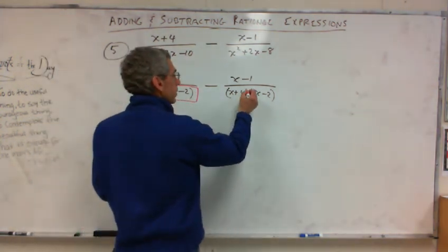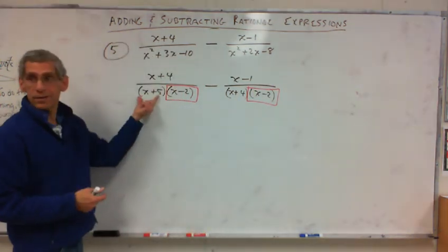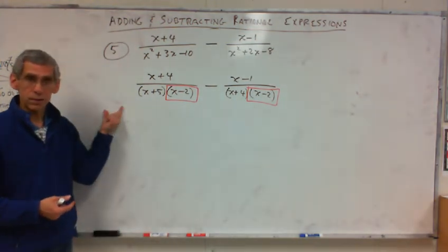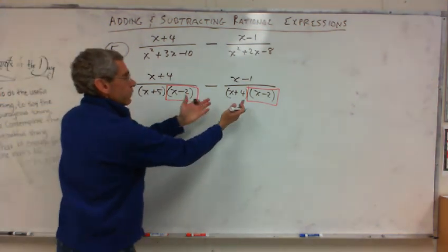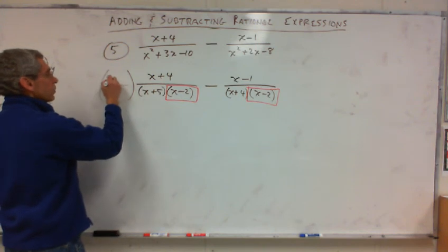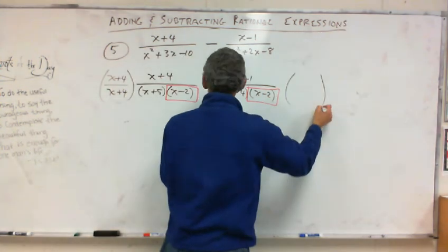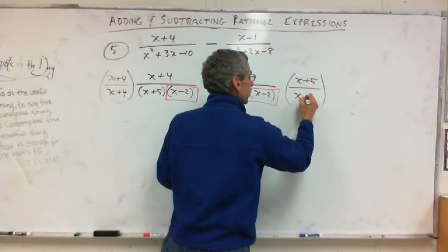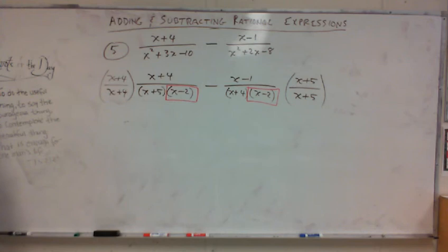But what I'm missing is that I have to get an x plus 5 over here, and I have to get an x plus 4 over here. So all I have to do is multiply this fraction by x plus 4, and with this one, I have to multiply it by what I'm missing, x plus 5. Is everybody with me? Does that make sense?